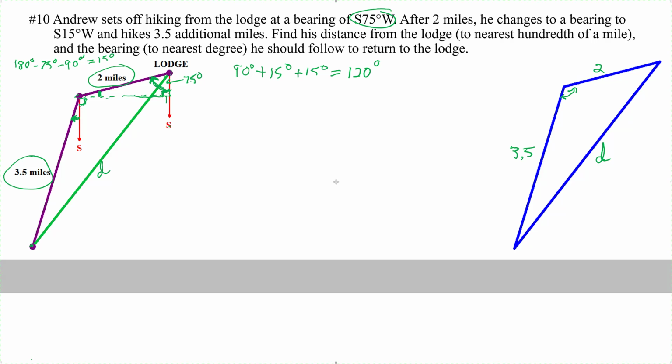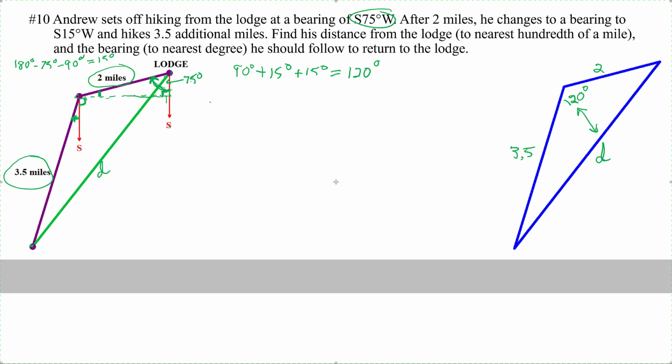And so we can replace our little arrow with 120 degrees. Using the 120 degrees that we now have, we can see that 120 degrees is opposite the length D that we're trying to find, so we can use the law of cosines.